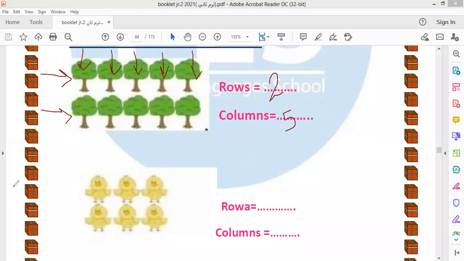Okay. Second one. How many rows here? 1, 2. 2 rows. And columns. 1, 2, 3. 3 columns. Okay.